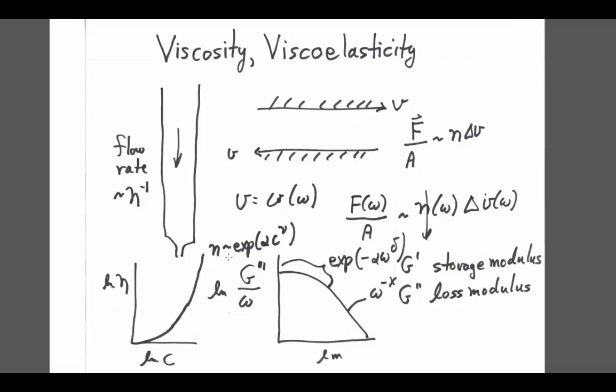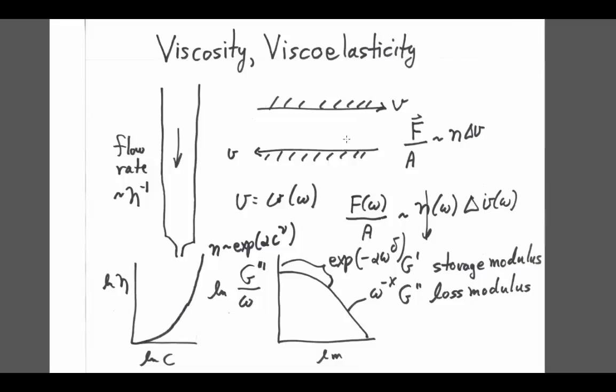If you are pushing a solution through a pipe, you can crank up the pressure and measure viscosity versus flow rate. That's shear thinning. If you come back to the upper right, we had the two parallel plates, or better yet, the flat plate and the cone touching it only at its tip.